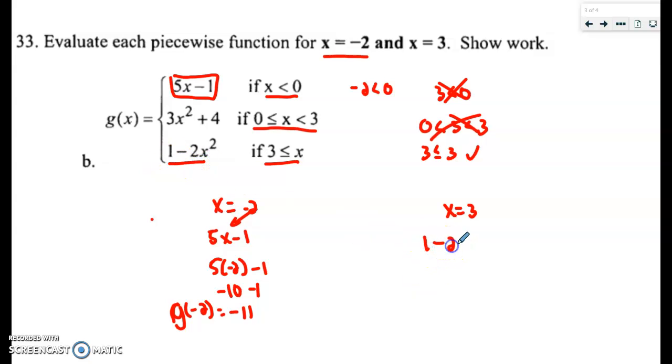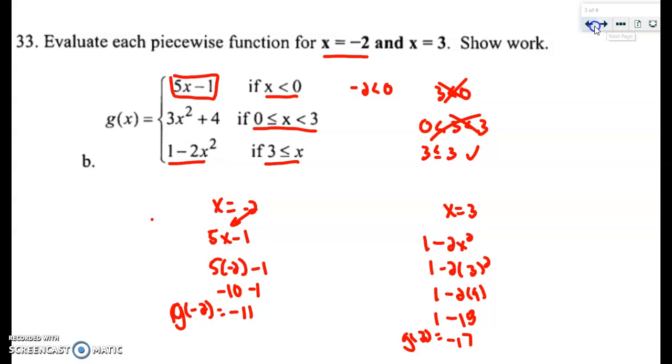I'm putting 3 in place of x, so it's going to be 1 minus 2 times 3 squared. So that's 1 minus 2 times 9. 1 minus 18 gets me -17. So g of 3 equals -17.